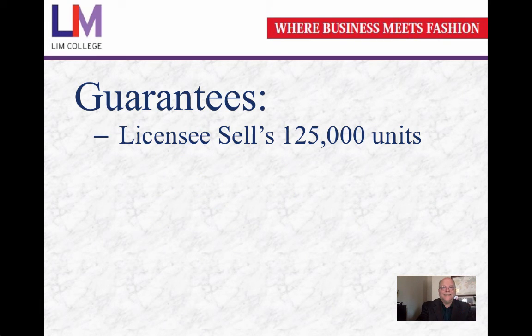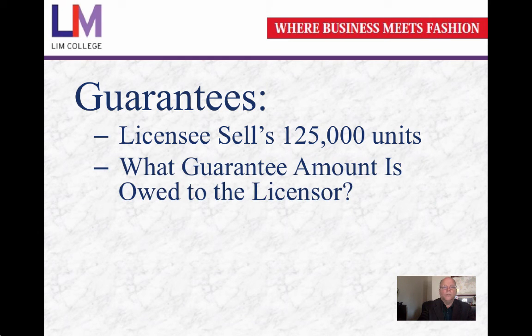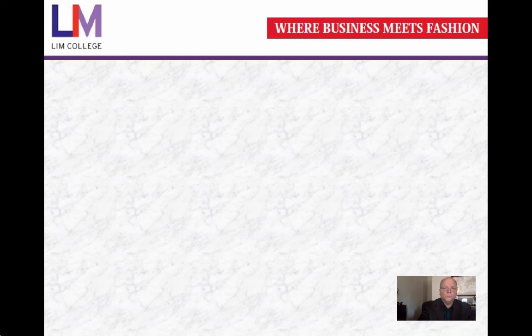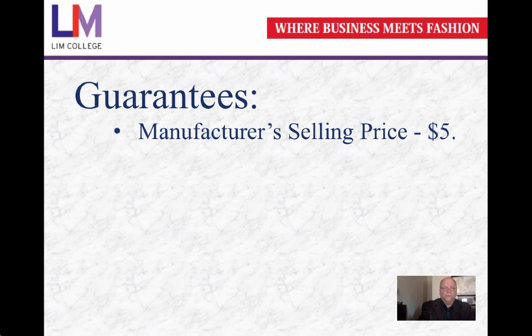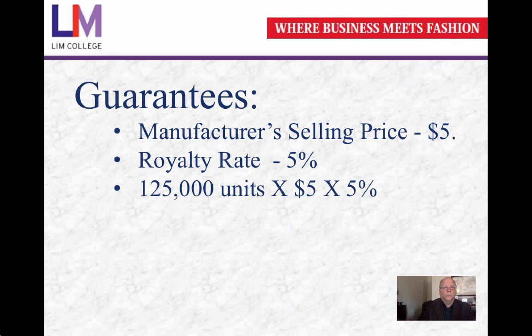However, the licensee only sells 125,000 units. What guarantee amount is owed to the licensor? Manufacturer selling price is 5, royalty rate is 5%: 125,000 units times 5 times 5% equals $31,250.